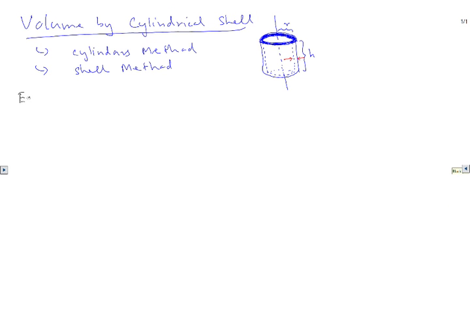Let's look at this example. Let's say we're gonna rotate this area bounded by this curve, y equals 2x squared minus x cubed. If you plot it, it's gonna go through 0 and 2 like that, and we're gonna rotate this region around the y-axis.